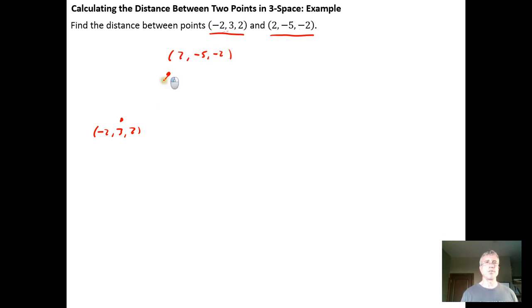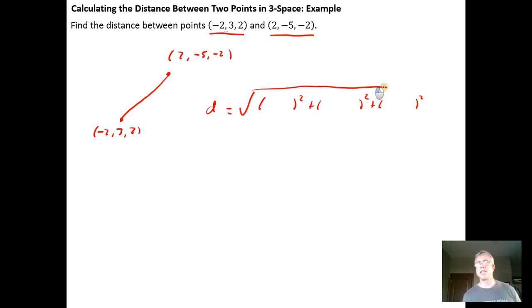Here's my 2 points. I want to know the length of this line segment, and we then just apply the Pythagorean theorem in three-dimensional space. We say, hey, the distance is going to be equal to the square root of the sum of the squares of the differences between the x, y, and z coordinates.